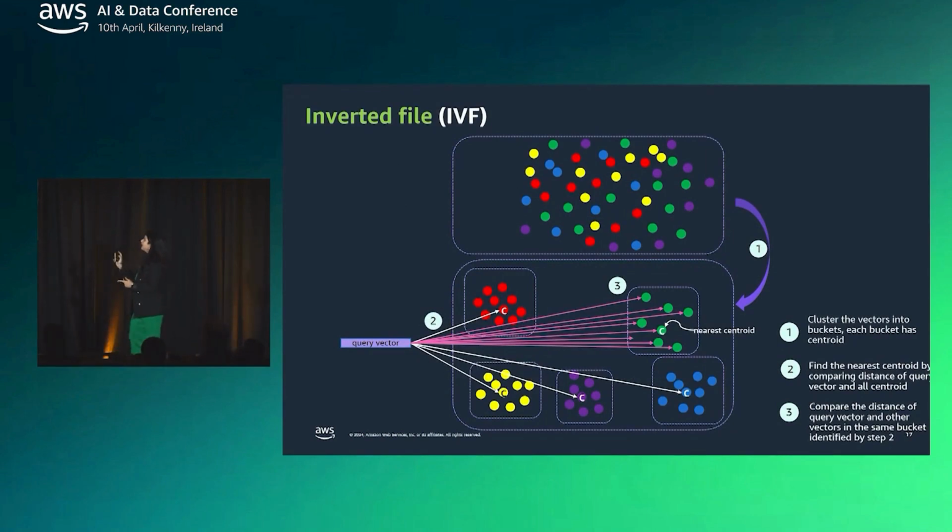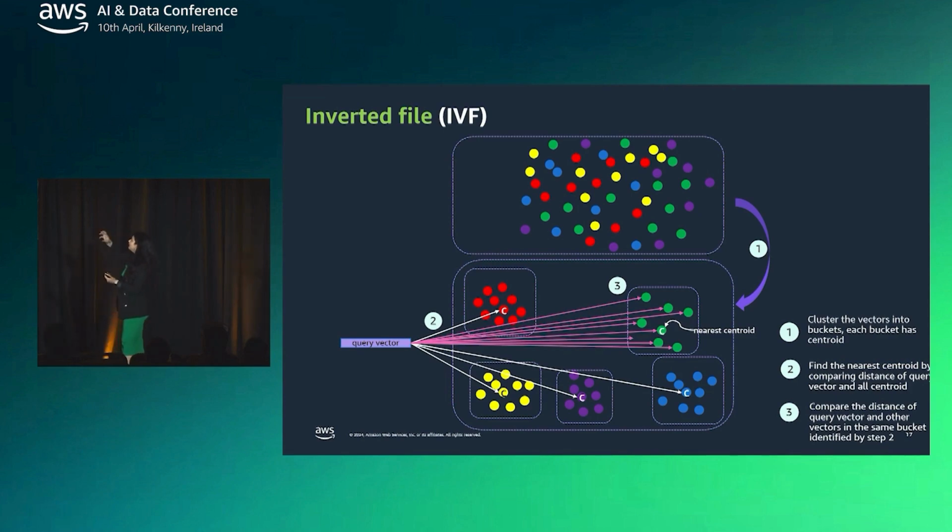For IVFFlat indexing, you have your query vector. Let's keep that aside for a minute. Those are all the vectors on the top; the first box which you see is all the vectors you have. As a first step, you cluster the vectors into buckets, each having a centroid. By centroid, I mean one vector which is, let's say, equidistant to all of them.